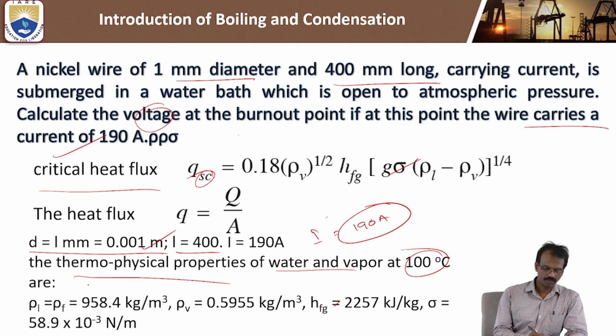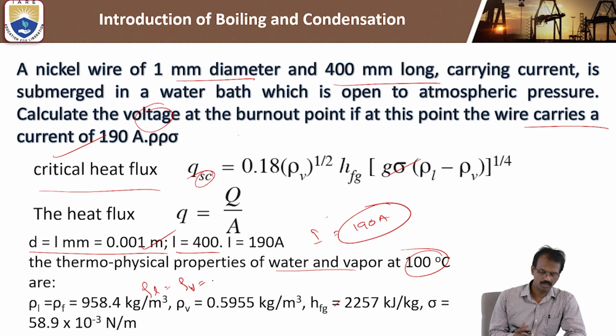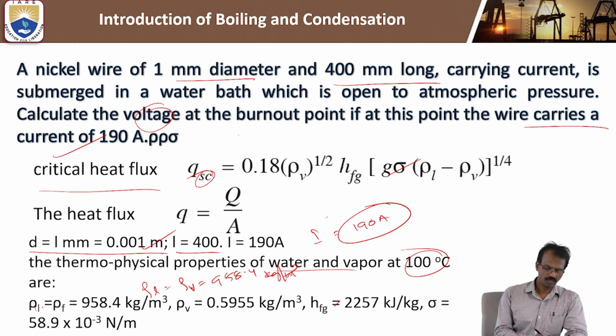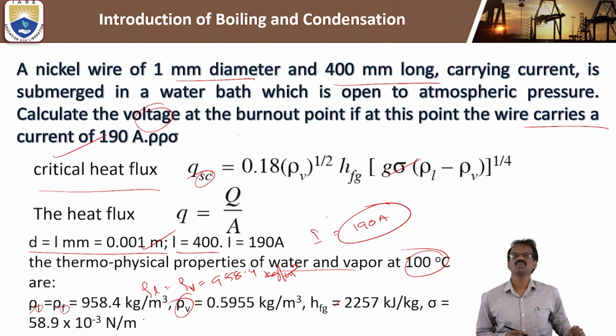At 100 degrees Celsius, the liquid density rho L is equal to 958.4 kg per meter cube. Next, the vapor density is equal to 0.5955 kg per meter cube.